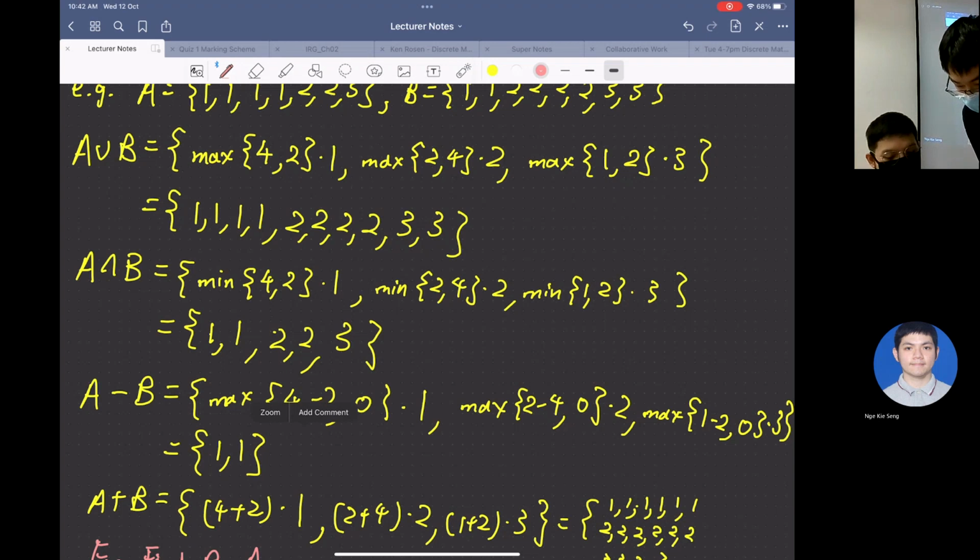So I have to add in the 0: if this number is negative, I take 0. If this number is positive, then I take the larger. Just to be consistent. If you put 2 here and this number comes out to be 1, then you need to pick the 2. You know what I mean?